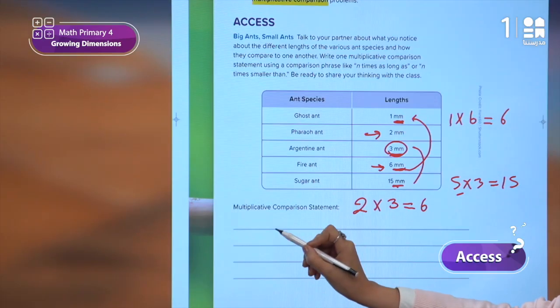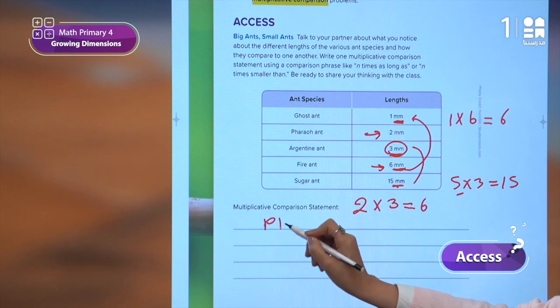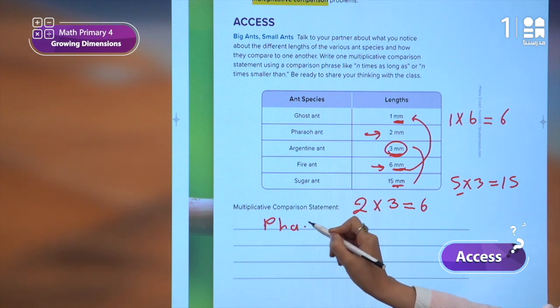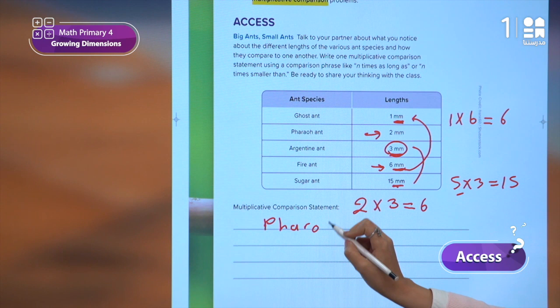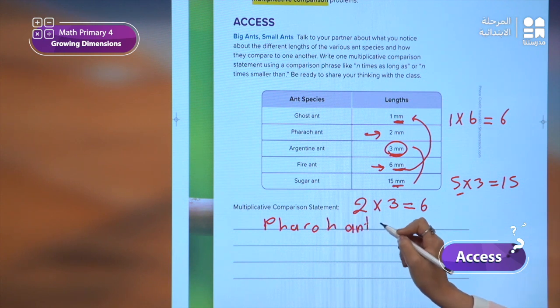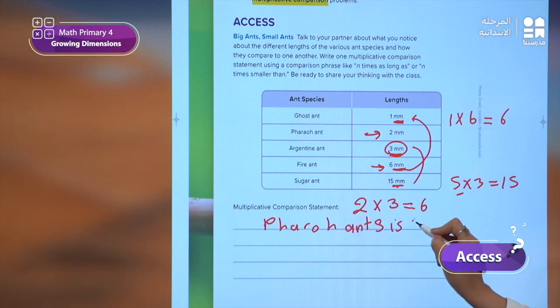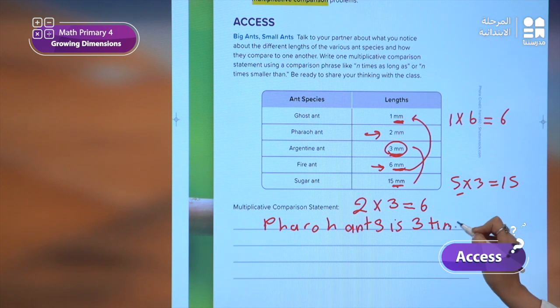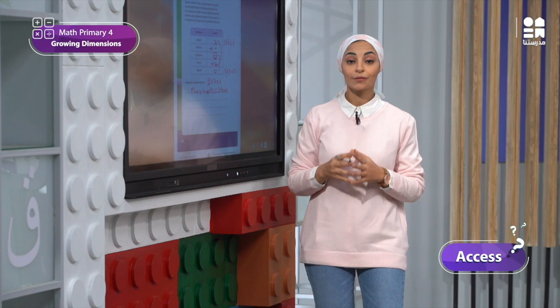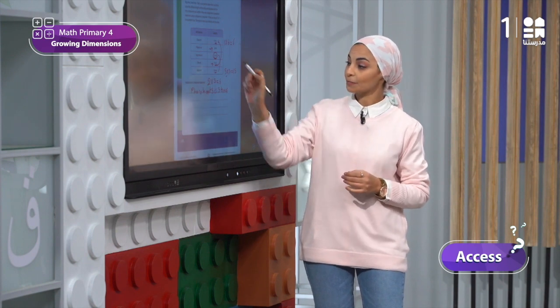Yes, let's write it here. Pharaoh ants is 3 times. Yes, 3 times what? Smaller than the fire ant. 3 times smaller.